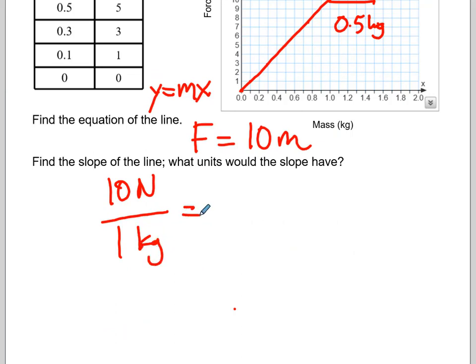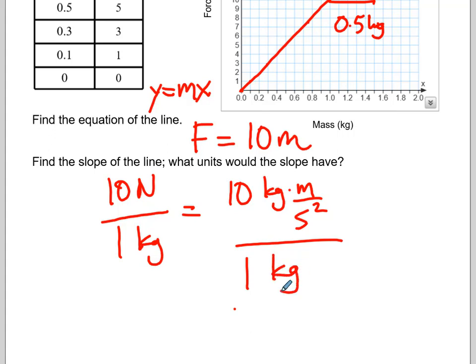If you scroll back up to the top, you can see that the definition of a newton is a kilogram meter per second squared. So this is 10 kilogram meters per second squared divided by 1 kilogram. Those of you who can recognize the algebra here will be going, hey, those kilograms cancel.